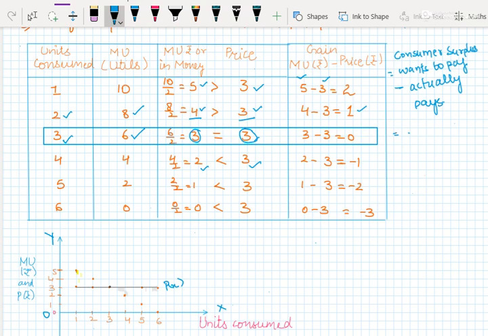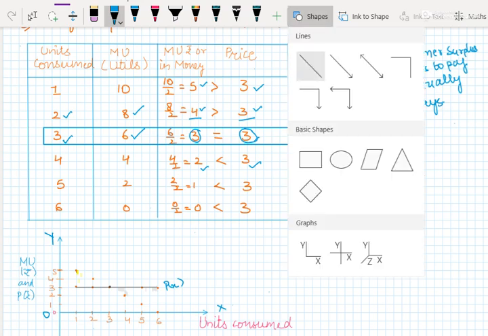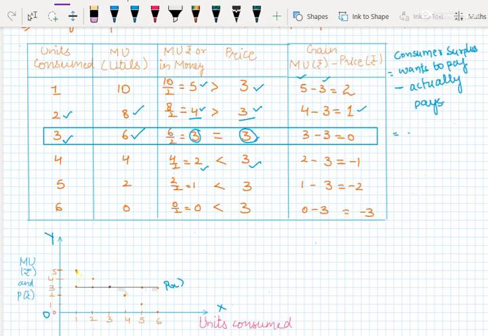And when we plot these points on the diagram, it appears like this. And when we join these points, the curve that we get shows marginal utility in terms of money.